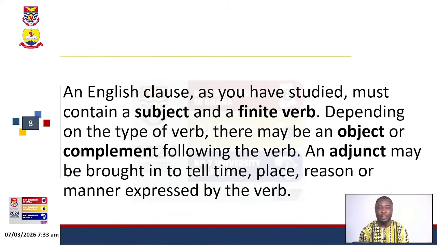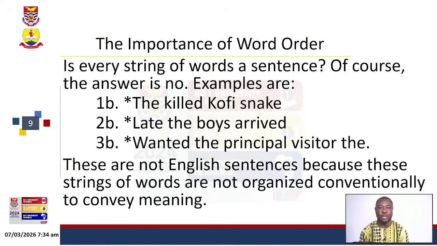And depending on the type of verb, there may be an object or complement following the verb. Okay? Sometimes an adjunct may be brought in to tell the time, the place, the reason or the manner in which the action expressed by the verb is taking place.